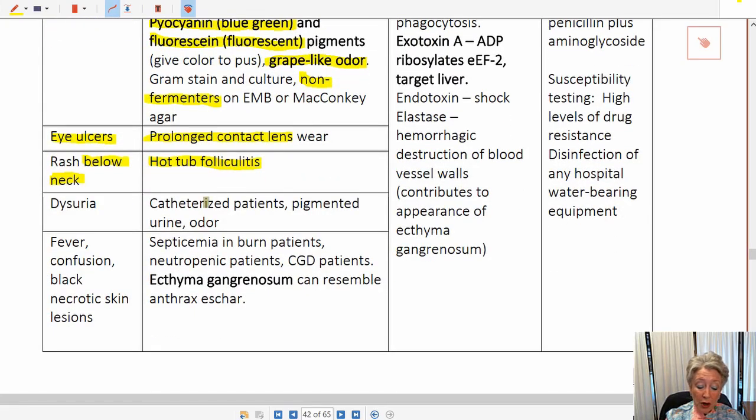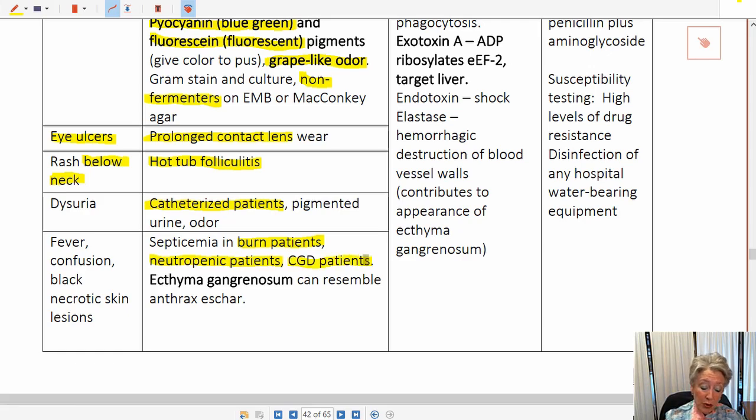In patients who are catheterized, I can anticipate having it introduced into the urinary tract and causing dysuria. And in burn patients, I can develop septicemias, as well as in neutropenic patients or CGD patients.